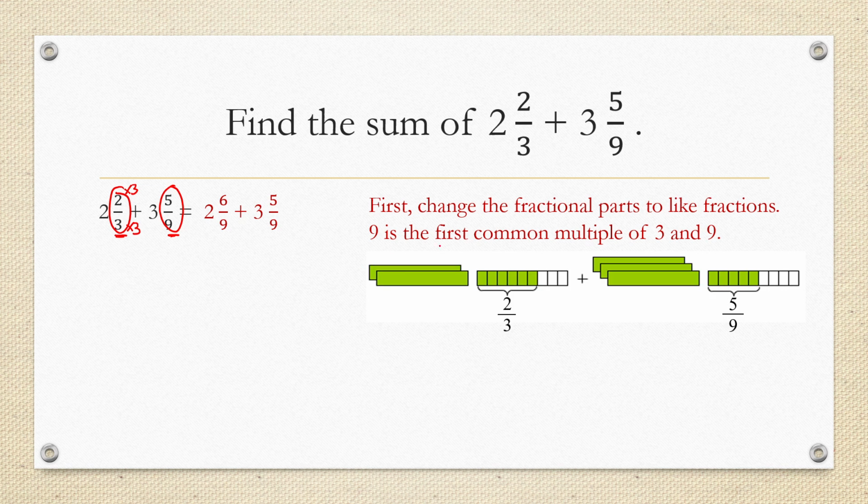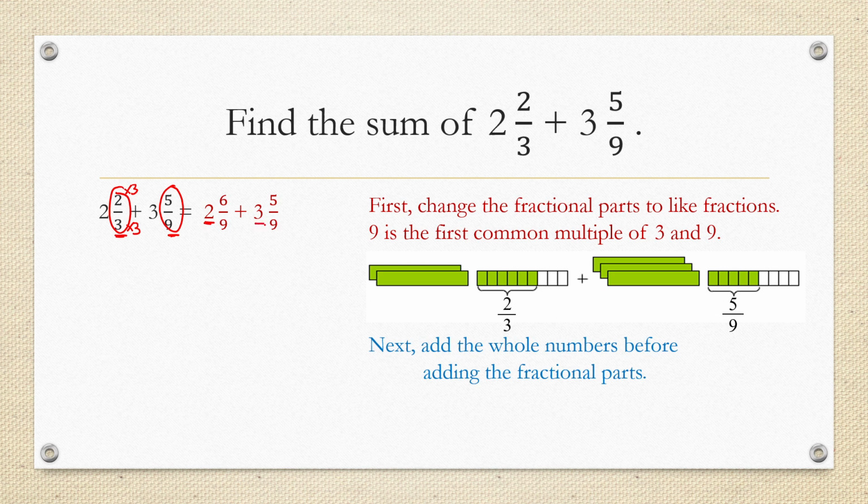Okay, so just a graphic representation of what we just said. Then we need to add the whole numbers. So 2 plus 3 will give us 5, and then we add the fractional part. So 6/9 plus 5/9 is 11/9. So 5 11/9. However, we cannot just leave our answer like that because this is still an improper fraction.